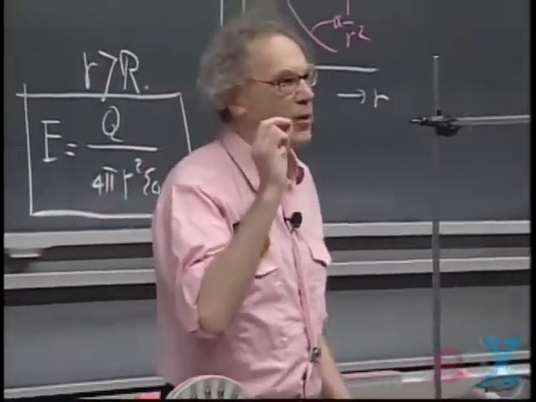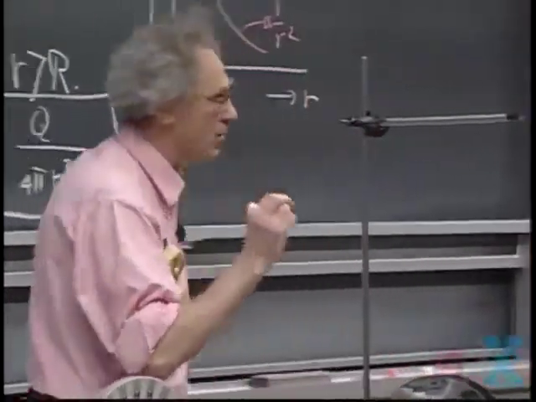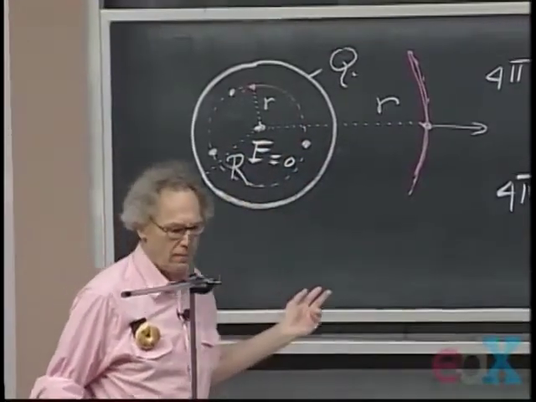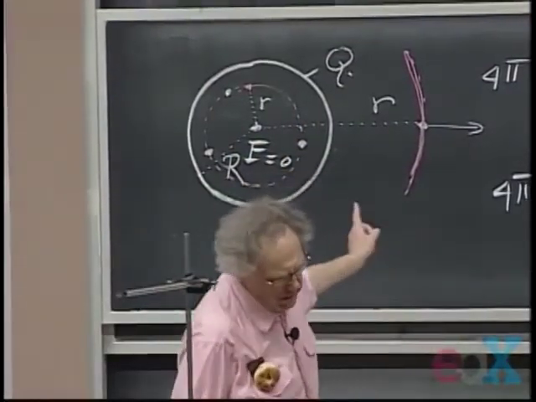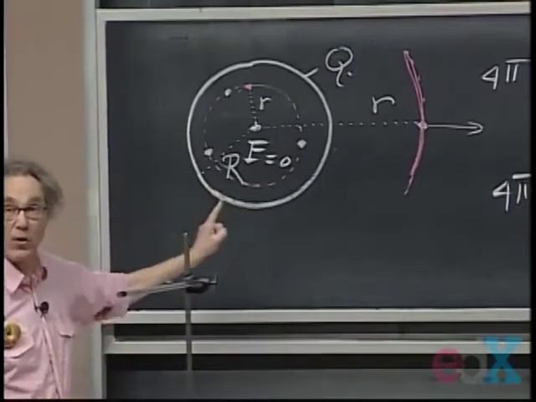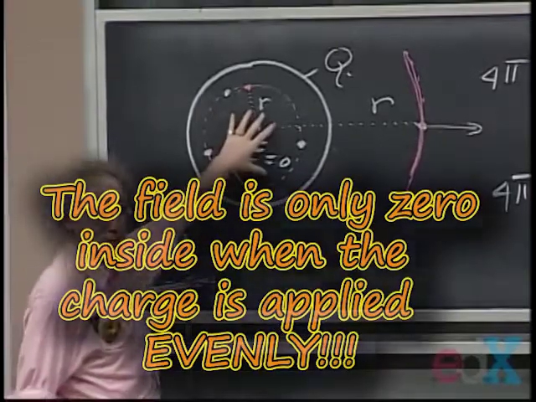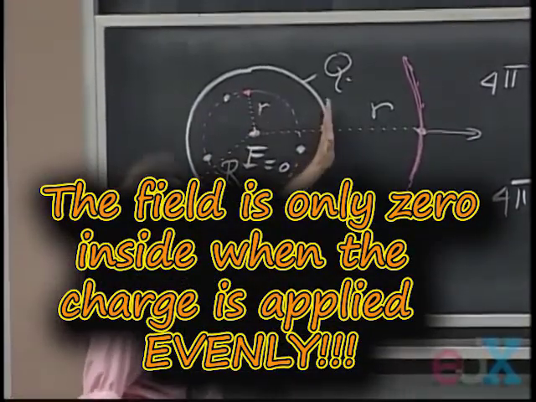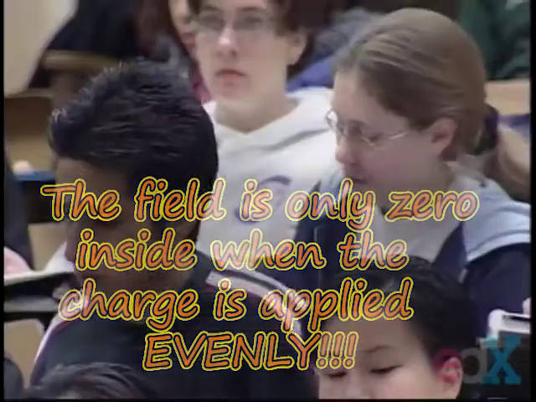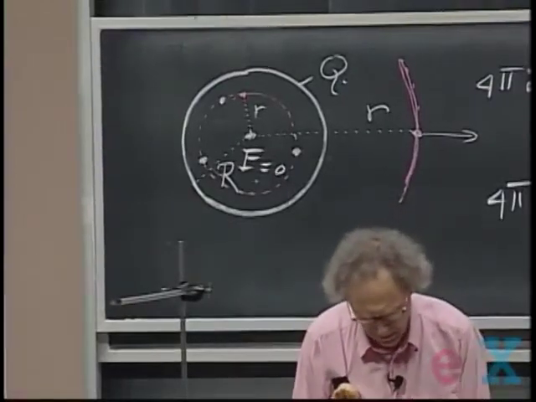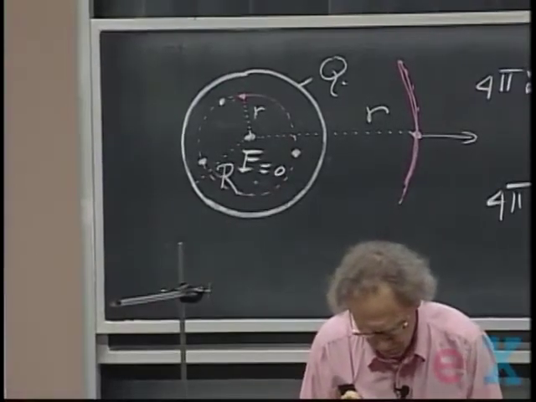The symmetry arguments take into account that the charge is uniformly distributed. If the charge on the sphere had not been uniformly distributed, I could not have used the symmetry argument, and therefore the electric field inside would in fact not have been zero. If there is more charge on the sphere here than there is there, the field inside the sphere is not zero. So I have used all that charge by using my symmetry argument.